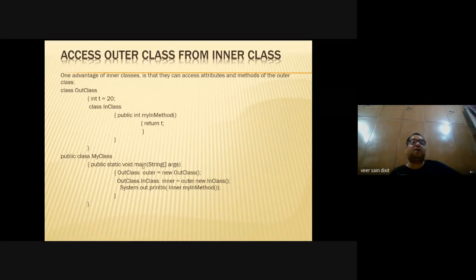This method will be called, control will go to it and return t, and the value of t will be printed. Here, this t is an instance variable of the outer class, but through the inner class object we are accessing the value of this outer class variable.